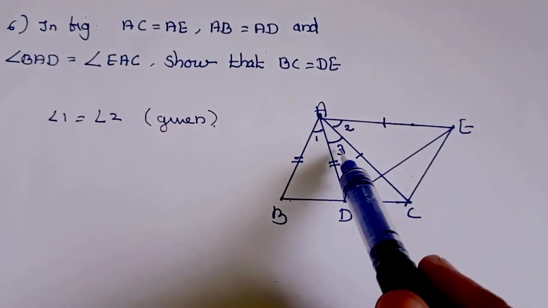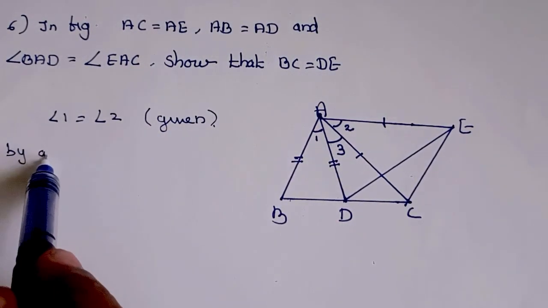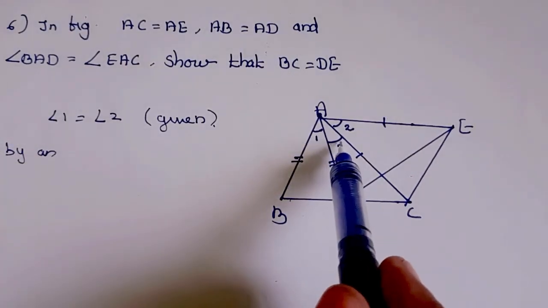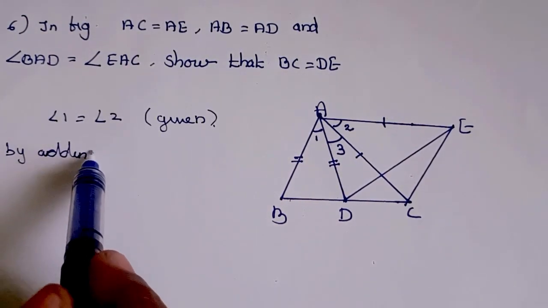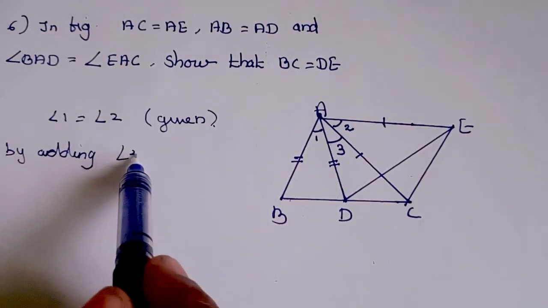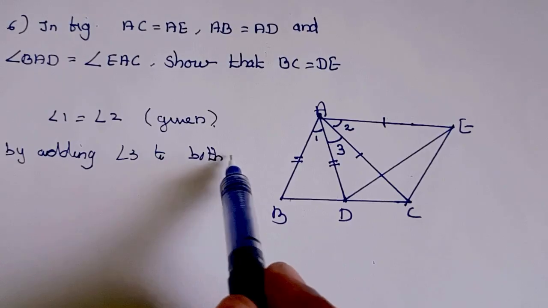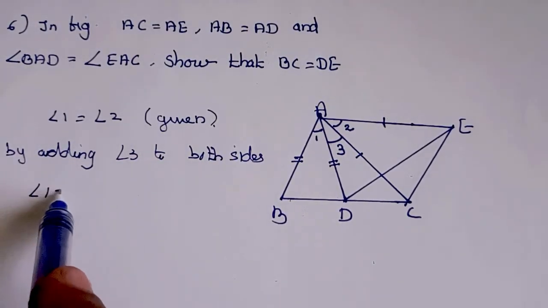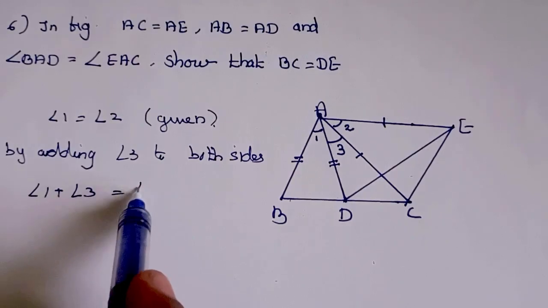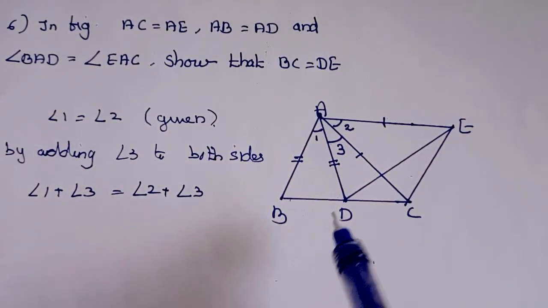Now adding angle 3 to both sides, by adding this common portion, this short portion, we get angle 1 plus angle 3 equals angle 2 plus angle 3.